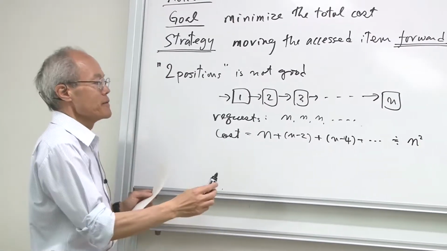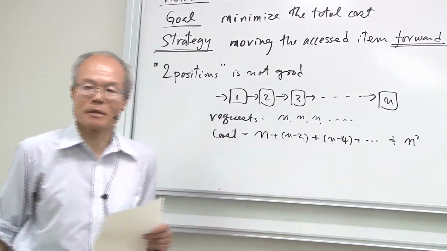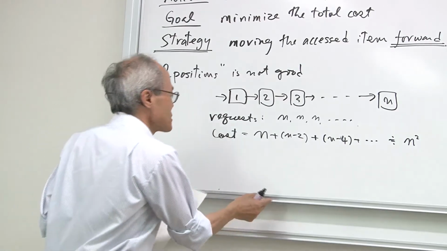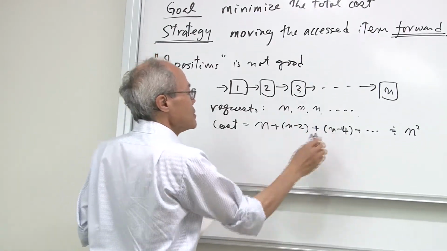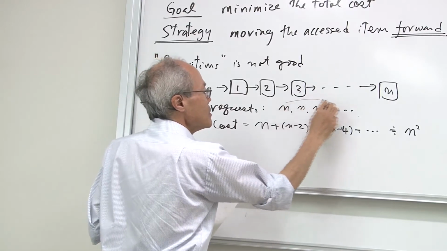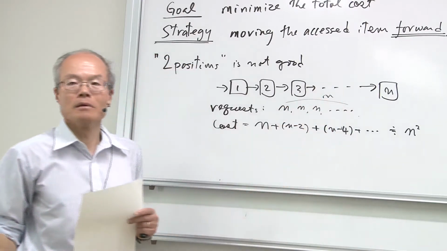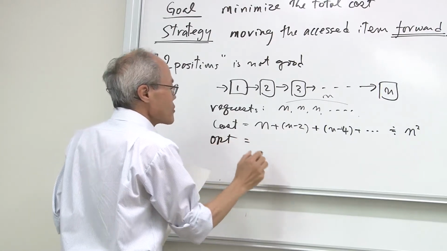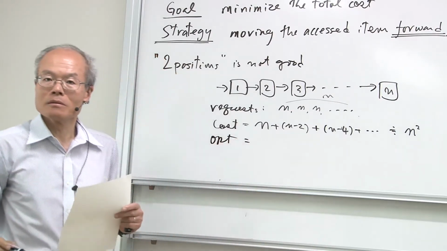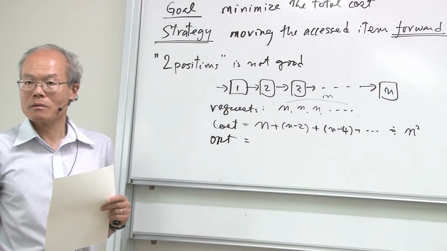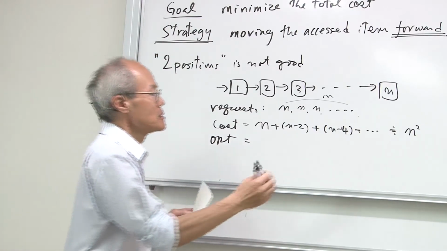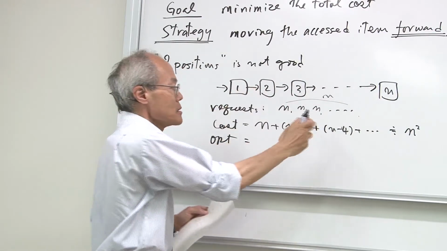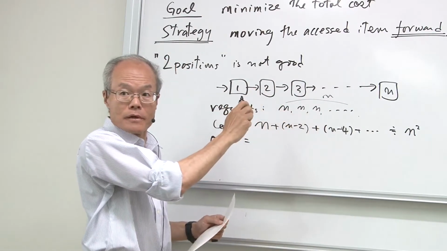If you have n requests, then it's something like n squared. But the optimal cost is, of course, to move this guy to the front at the beginning, at the first request.